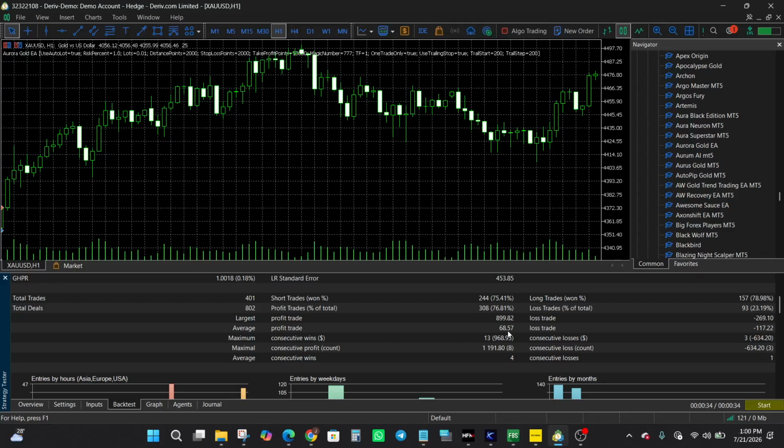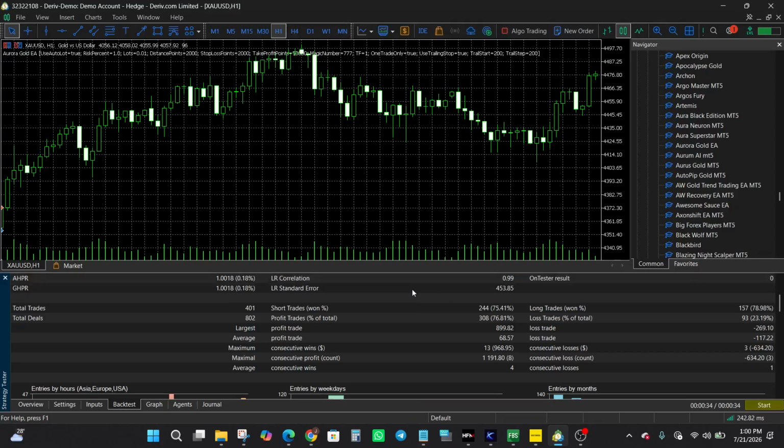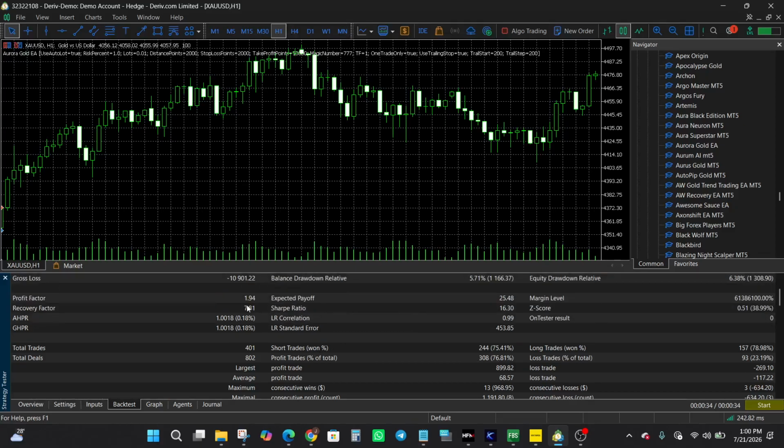That might look concerning at first glance, but with a win rate as high as it was here, the frequency of wins more than made up for the size difference, which is reflected in that 1.94 profit factor.